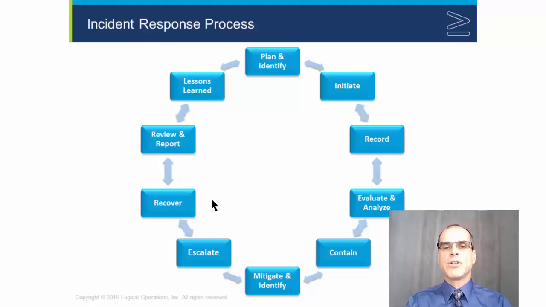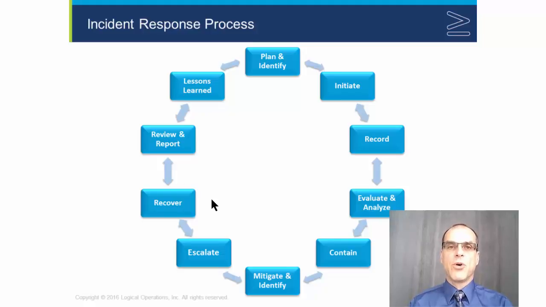Then, of course, we're going to initiate our actual incident handling protocols when an incident does occur. And so we will identify the fact the incident has occurred. We'll go into our incident response and incident handling mode.